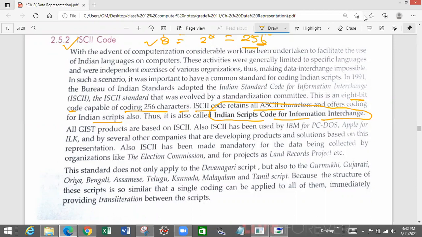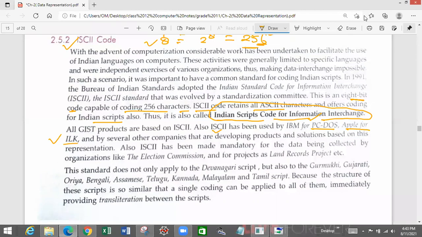Also, ISCII has been adopted by IBM for PC-DOS, Apple for ILK, and several other companies. They are also utilizing this code for increasing the capability of their computers. IBM PC-DOS based computers and Apple ILK based computers have provision for entering Indian languages also.